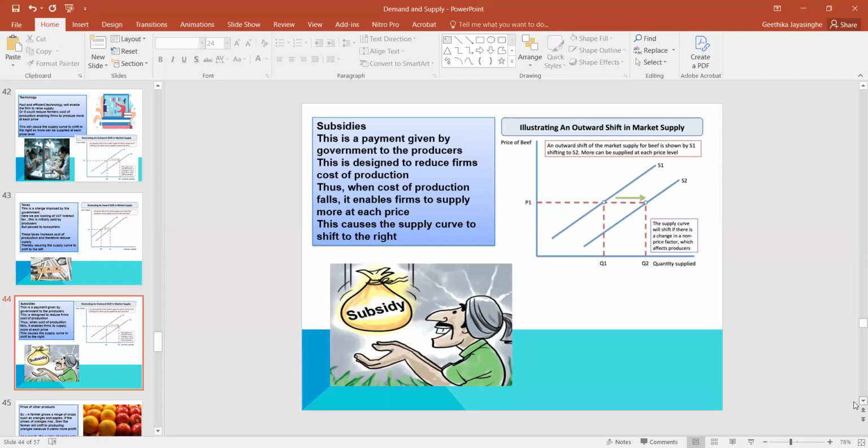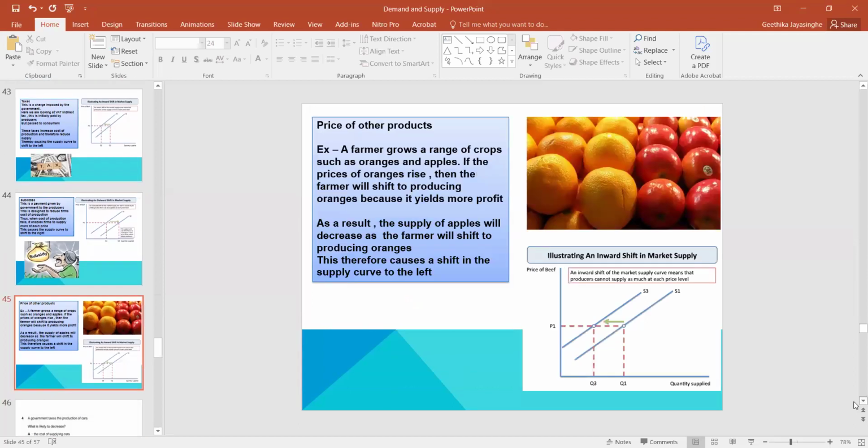What else? The price of other products also matters. If you can fetch a good price in the market, you can sell. Let's take a Sri Lankan example. You can produce oranges or you can produce apples, and if apples fetch a good price, then you cut down the production of oranges and do apples.